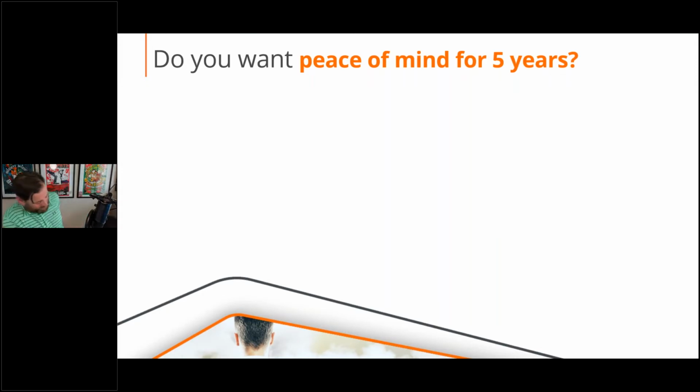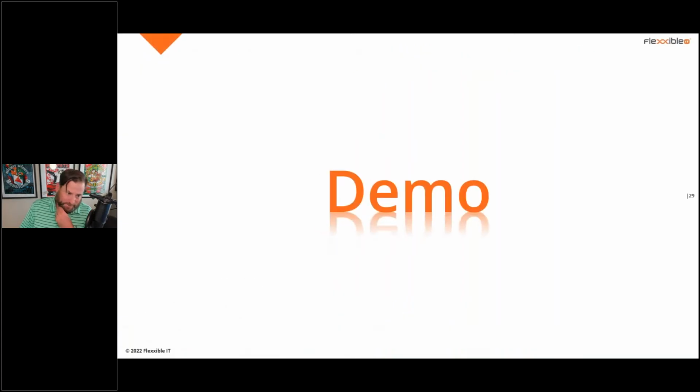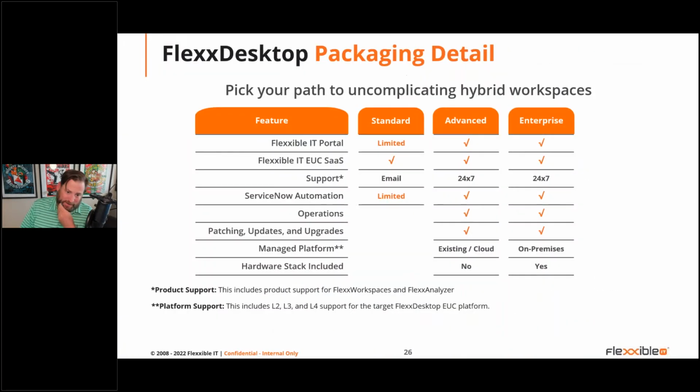So that's a good question. If we come in with advanced or our enterprise stack, we assume the responsibility for managing your Citrix environment, and that includes the Citrix bits, upgrades, etc. Now, obviously, we'll work with you as the customer to say, do you want LTSR or do you want to be on the latest version?